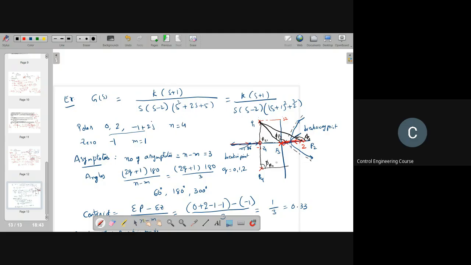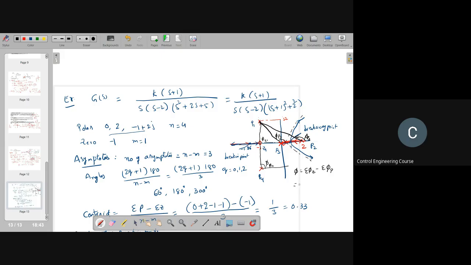First we need to calculate the net angle phi. Net angle phi means sum of phi z's minus sum of phi p's.